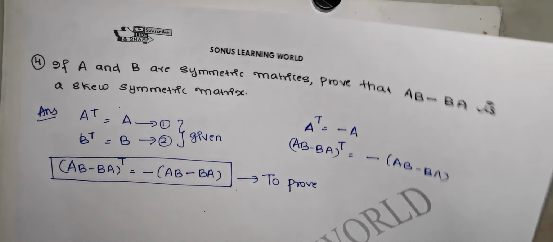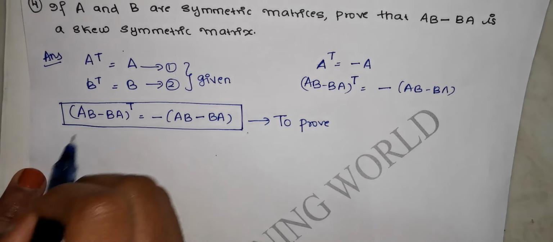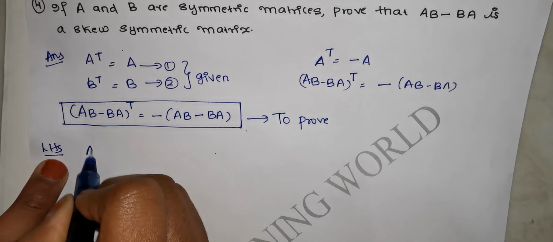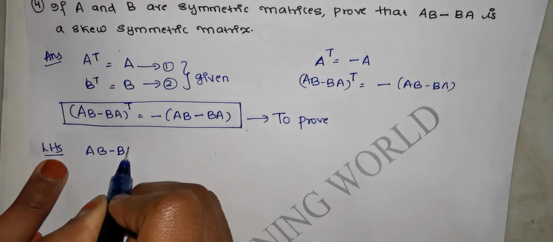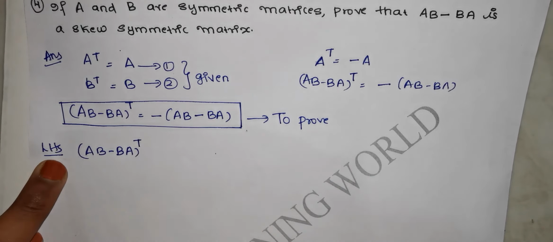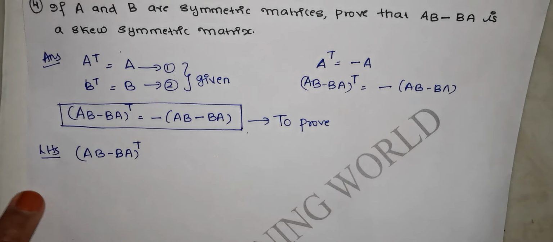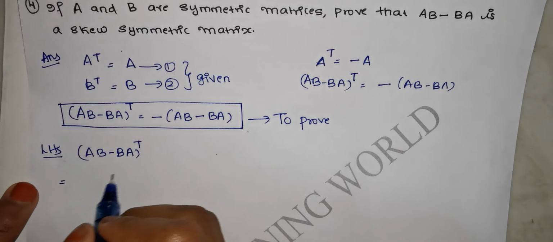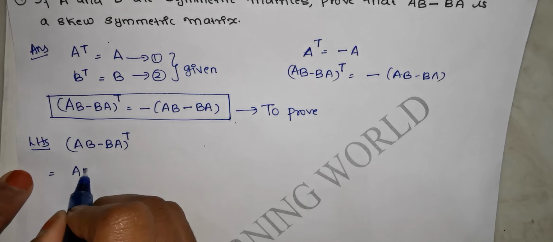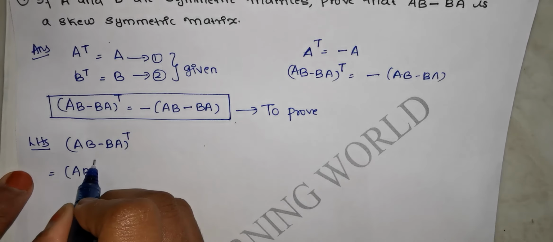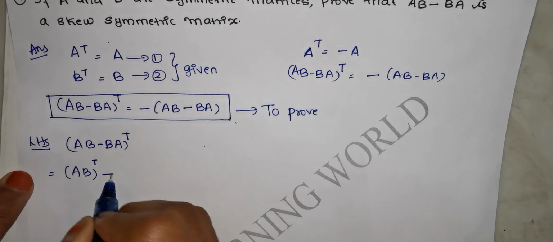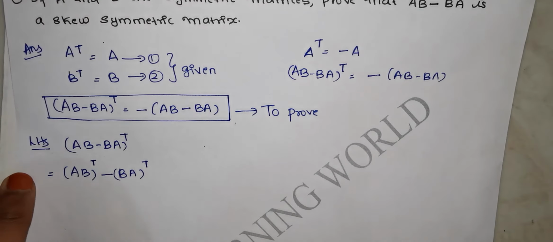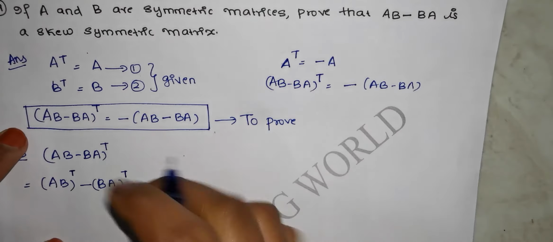So we are taking the LHS. Our LHS is AB minus BA the whole transpose. Here I am going to give separate transpose. I am going to split this term. So AB I am giving separate transpose, minus BA also I am giving the separate transpose. How can I give it like this?